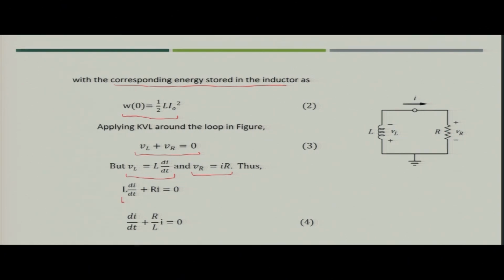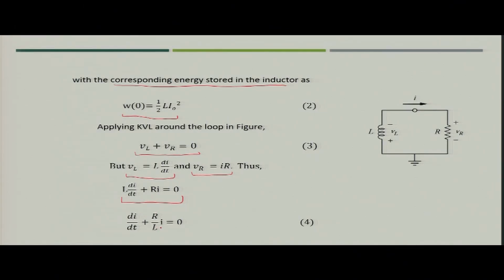So, we can simply write L di by dt plus R into I equal to 0, or we can write di by dt plus R by L into I equal to 0, taking L in the denominator.